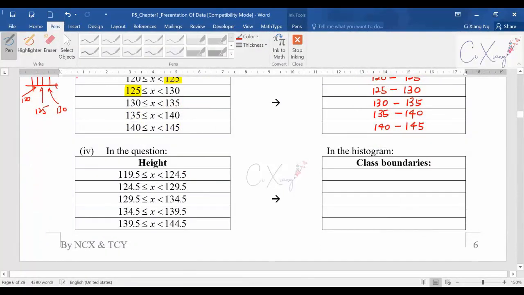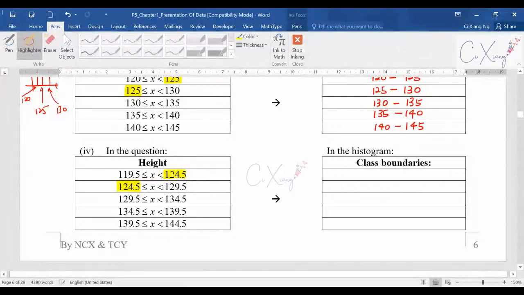The last one, again in this question, they give you all these as the classes of intervals. Do I need to adjust it by plus and minus 0.5 or not to get the class boundary? Again, you double check the upper value of the first class and compare it with the lower value of the next class.